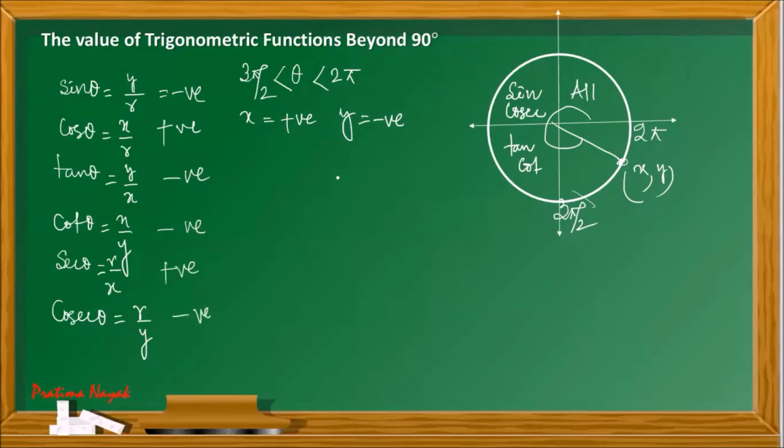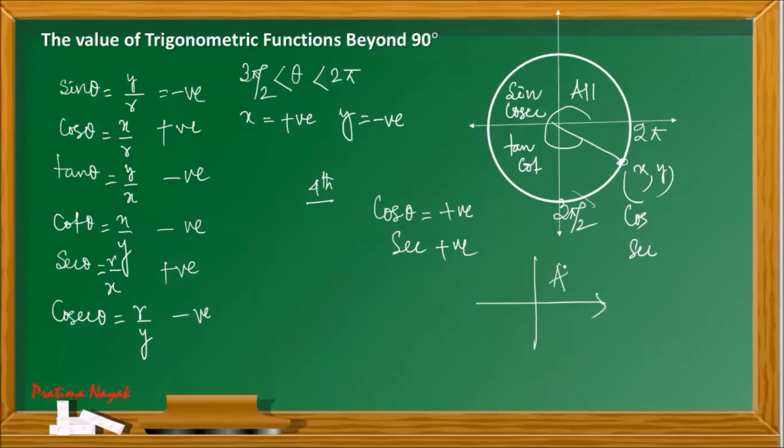So here in the fourth quadrant, cos theta and sec theta are positive. So cos and sec.